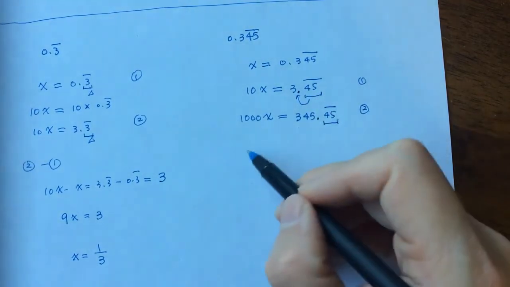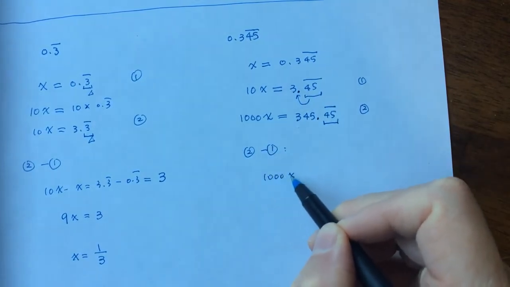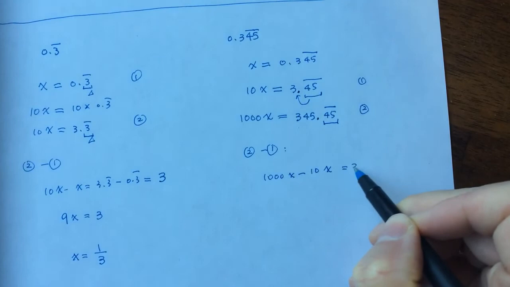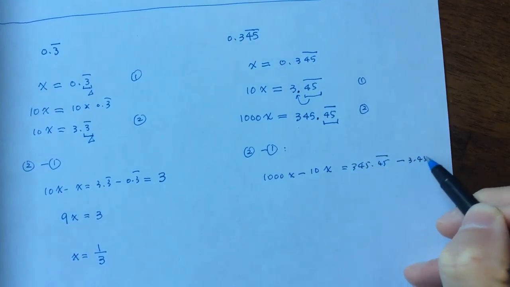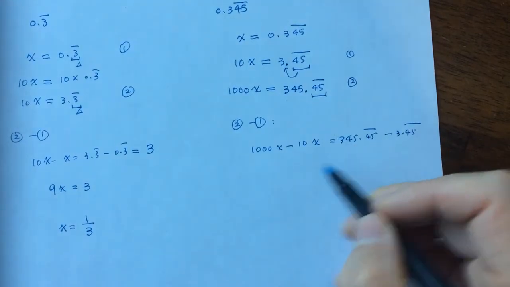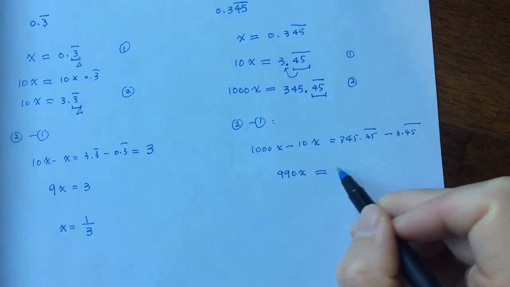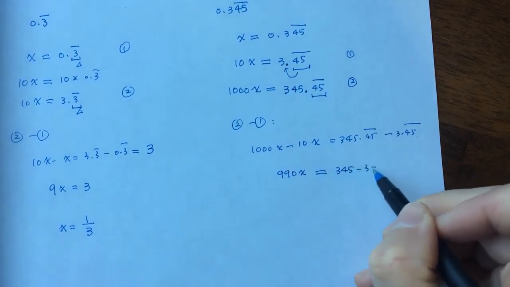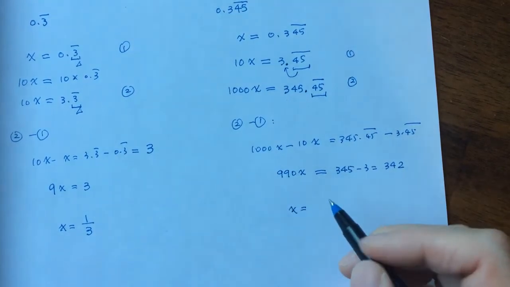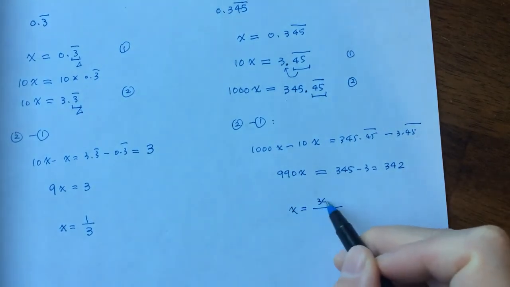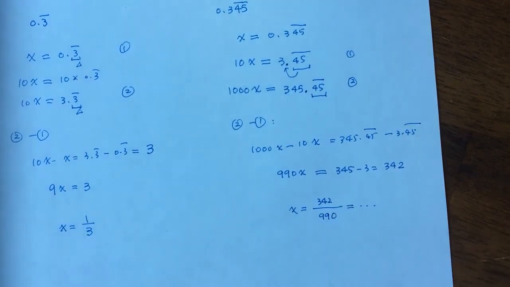Now you can take 2 minus 1, and you have 1,000x minus 10x equals 345.45 repeating minus 3.45 repeating. Obviously the left side will be 990x, and the right side will have 345 minus 3, which is 342. Then dividing by 990 on both sides, you have 342 divided by 990, and then you can simplify from there.